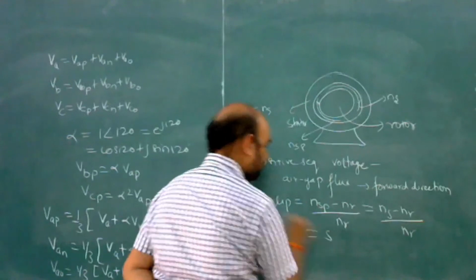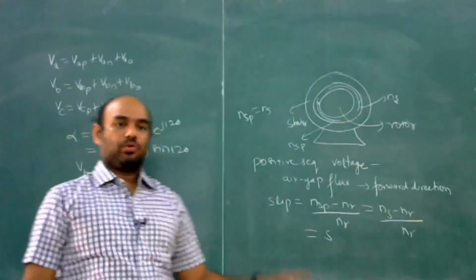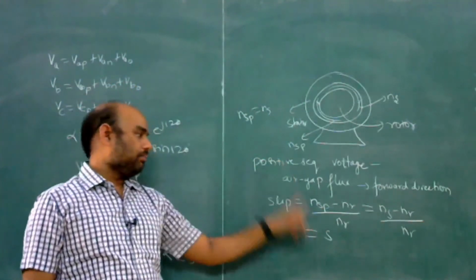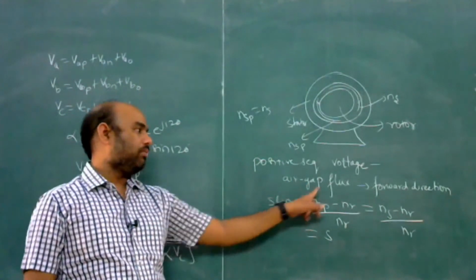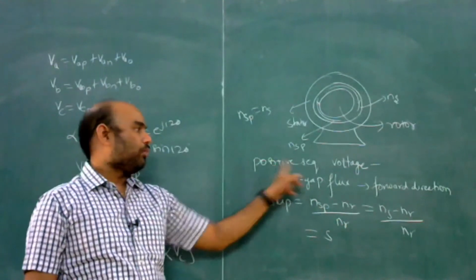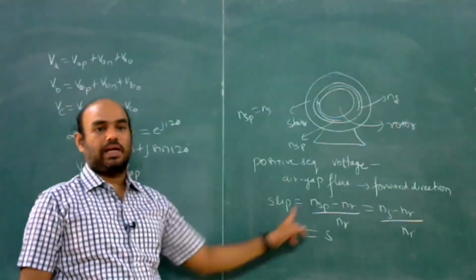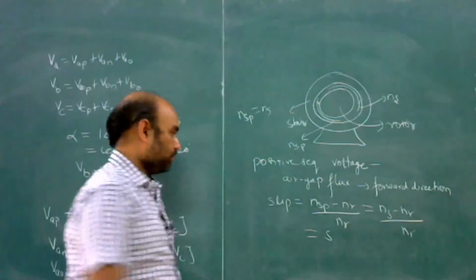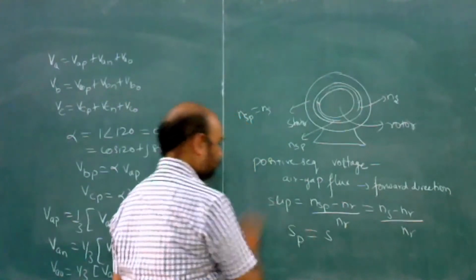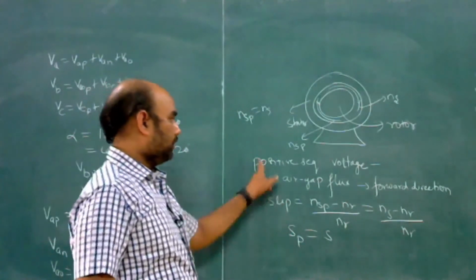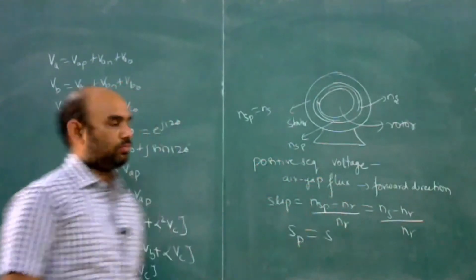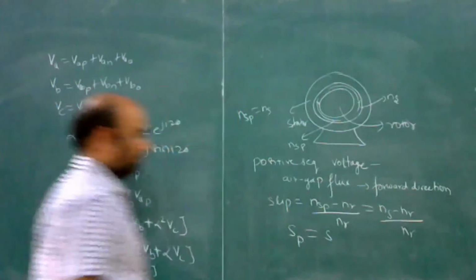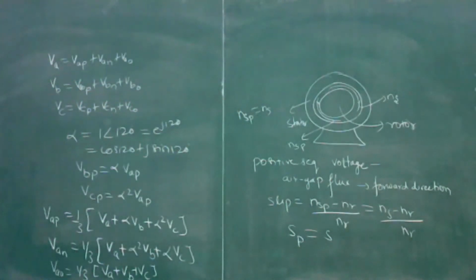This will be equal to slip S. Okay, so slip S will be the same in case of the air gap flux which is produced by the positive sequence voltage. So SP is the slip due to the positive sequence component of voltage. Okay, so slip SP will be equal to S.